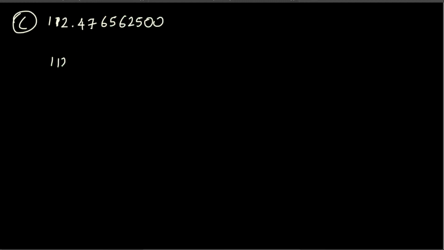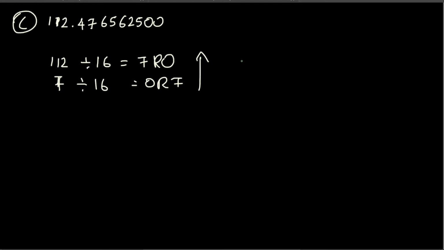If I take 112 and divide it by 16, that is exactly 7, and the remainder is 0. Then if I divide 7 by 16, this is 0 and the remainder is 7. We read this from bottom to top, so this is 70 in hexadecimal.